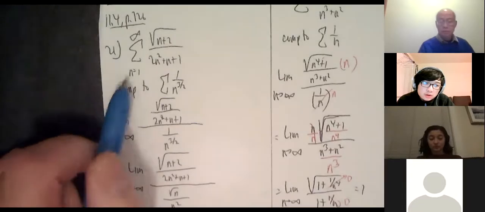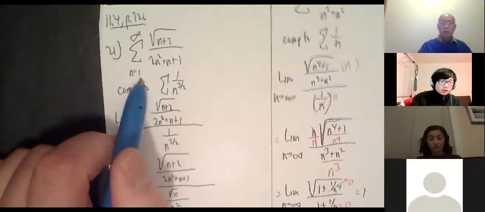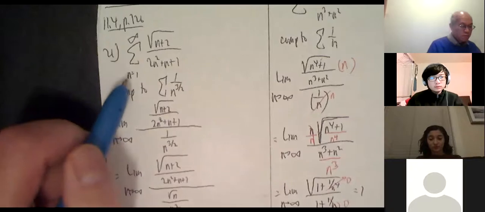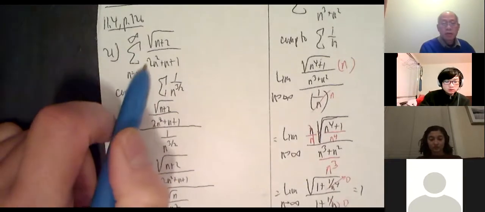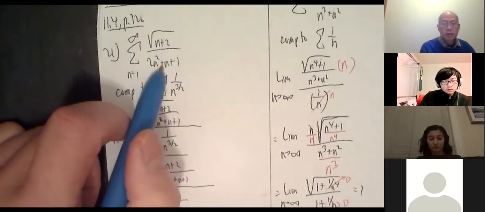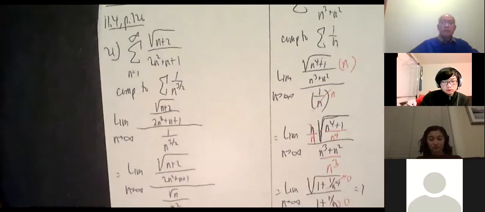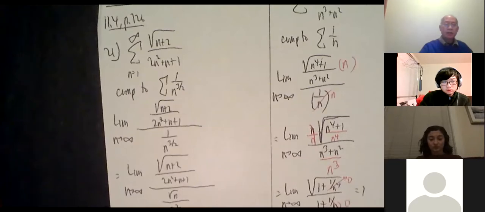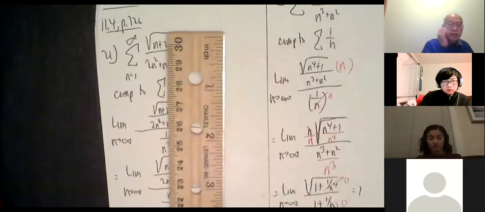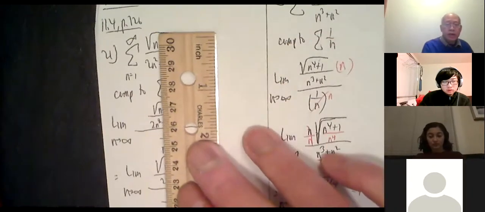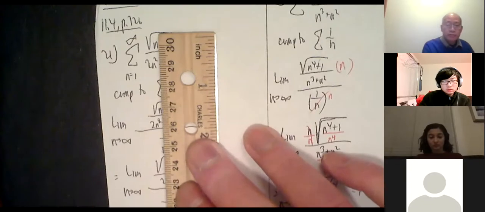Here's what to do. Summation radical n plus 2 over 2n squared plus n plus 1. So here's the game you want to play, sort of. For real big n, it's essentially square root of n over 2n squared.